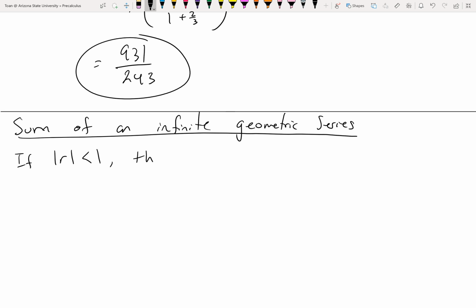If that is true, because sometimes it's not always, if your common ratio is less than 1, then the infinite geometric sequence or series.